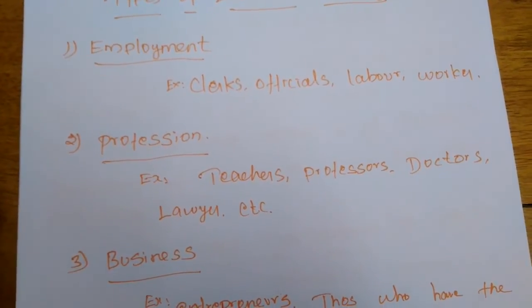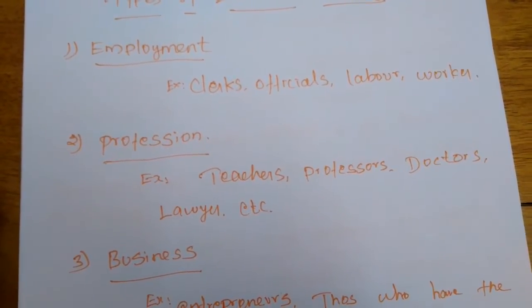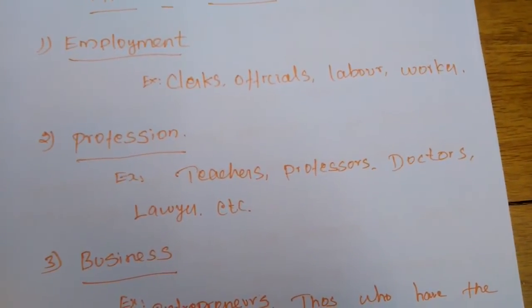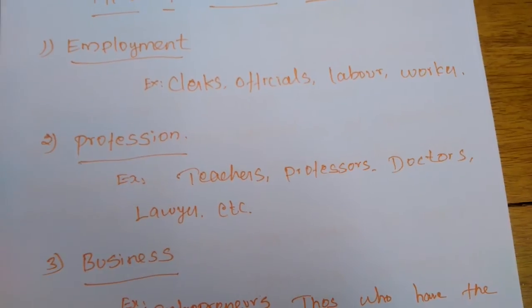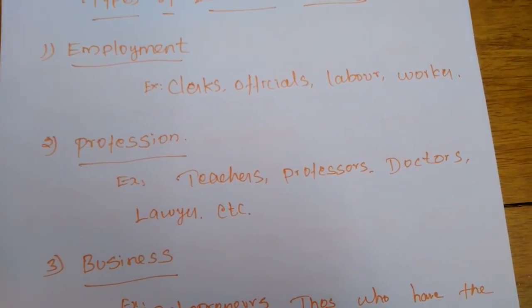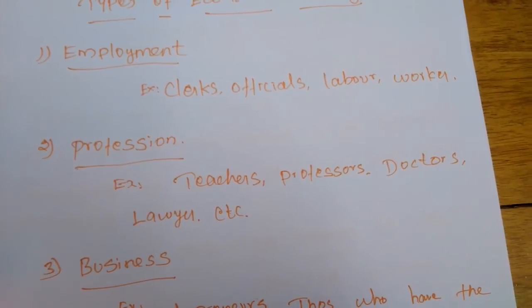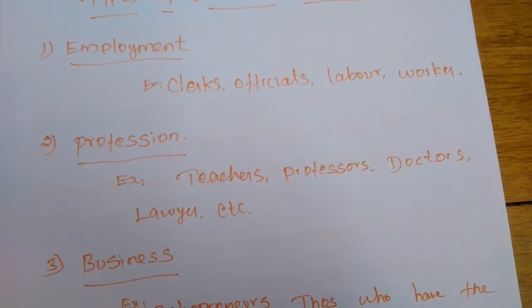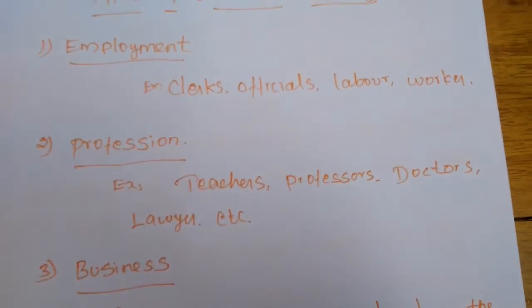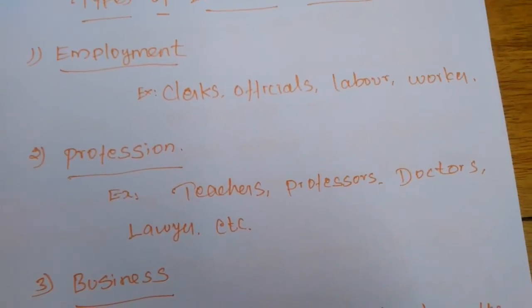Suppose when we go to any daily basis work, only when we complete some part of the work can we get the remuneration. The assigned work is given by the employer.